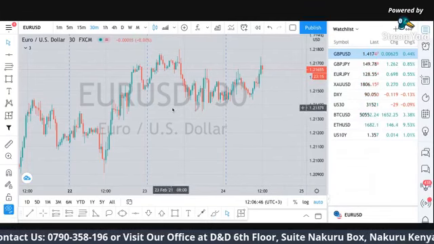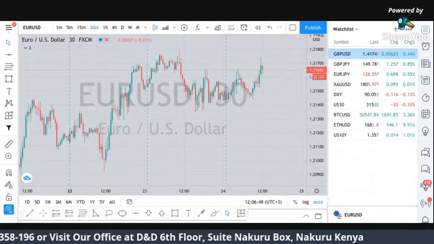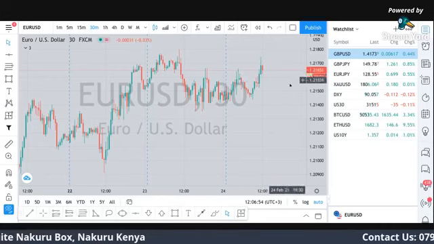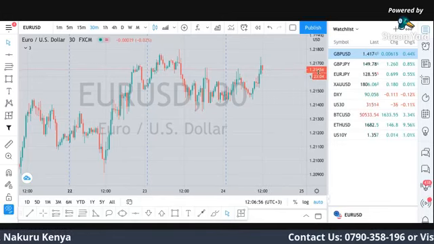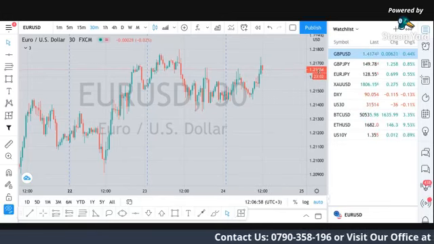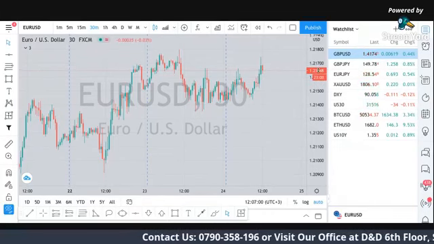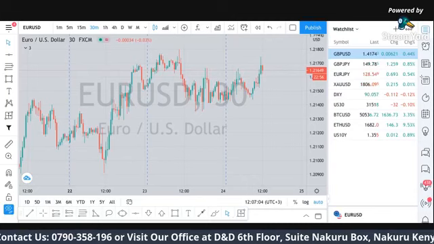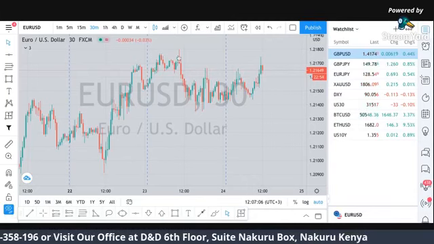That means for 1 euro, you have 1.21652 US dollars. So in this case, now the pip is 0.0001, three zeros and then 1, right? Correct.